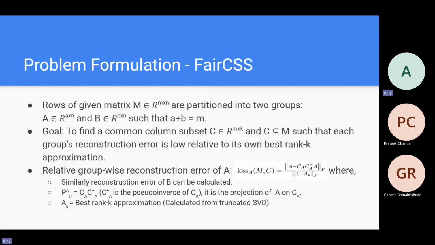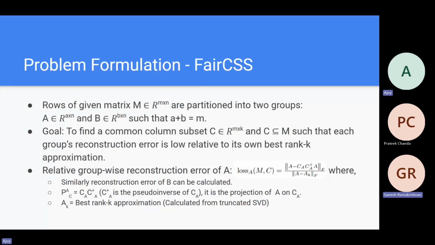We can do the same for B. The projection matrix is calculated with the method of pseudo inverse. And what is A_k here? A_k acts as a baseline or reference, the best rank-k approximation, which can also be calculated with truncated SVD.